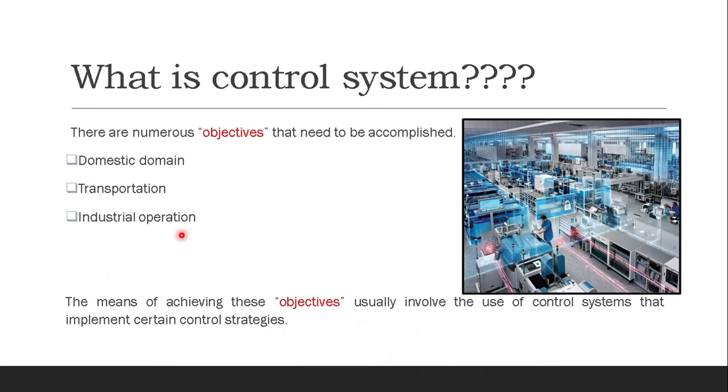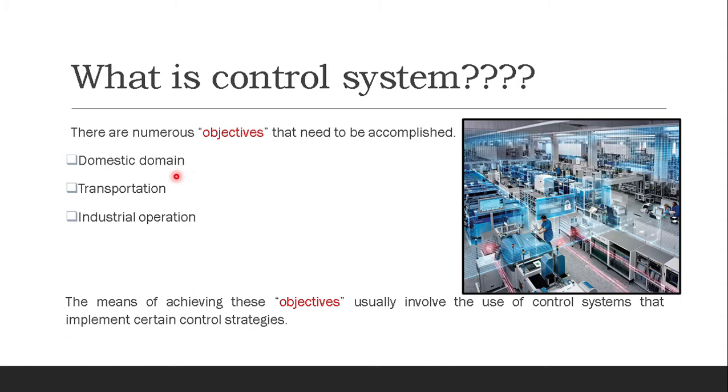What is control system? One of the most commonly asked questions is, what is the control system? To answer the question, we can cite that in our daily life there are numerous objectives that need to be accomplished. For instance, in the domestic domain, we need to regulate the temperature and humidity of homes or buildings for comfortable living.